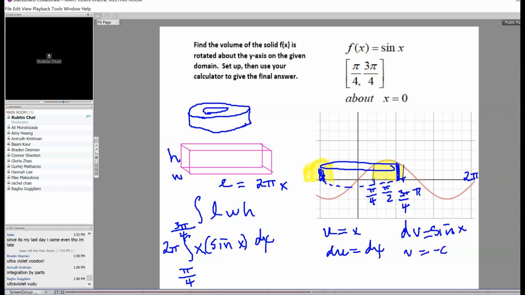So v is negative cosine x, and you'll have negative x cosine x minus the integral of negative cosine x dx. And then you evaluate all of that between pi over 4 and 3 pi over 4. You get this nice answer. I'm not going to do it.